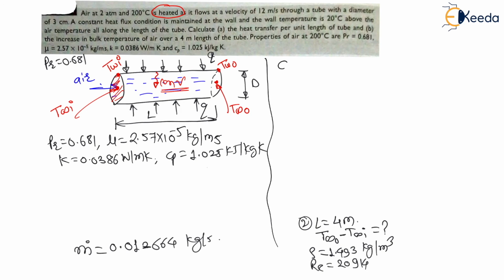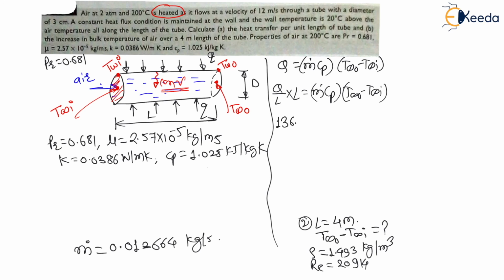Therefore the heat transfer rate is m dot Cp into T infinity O minus T infinity I. So the heat transfer rate per unit length into length is equal to m dot Cp into T infinity O minus T infinity I. Q by L we have calculated in the solution, which was 136.79, and length is given as 4, equal to the mass flow rate we just calculated, 0.012664, into Cp, which is given here as 1.025 kilojoule per kg Kelvin.